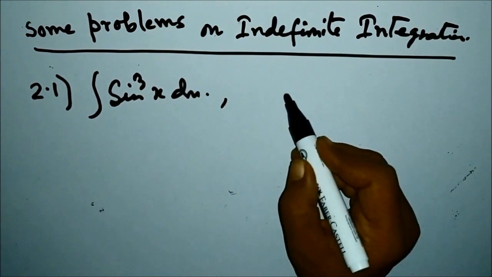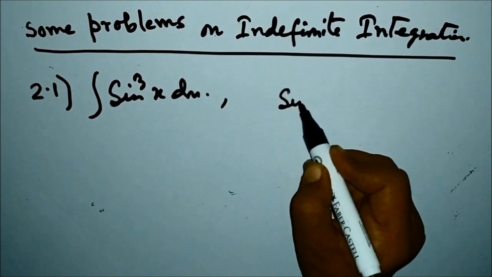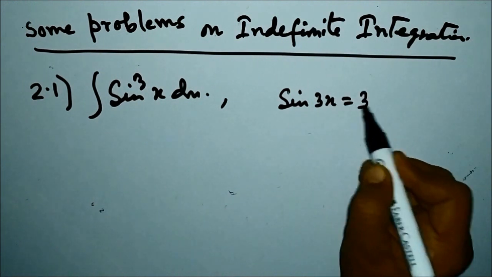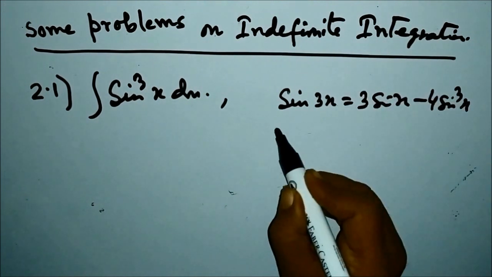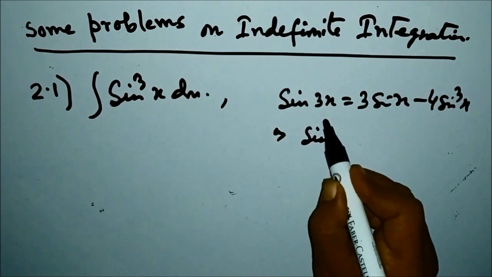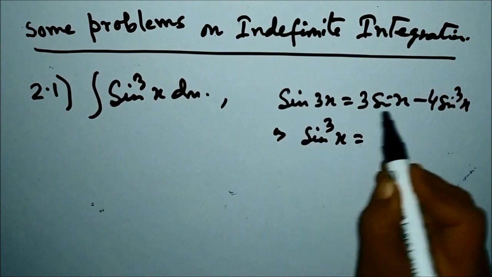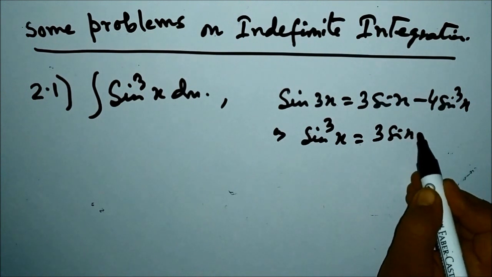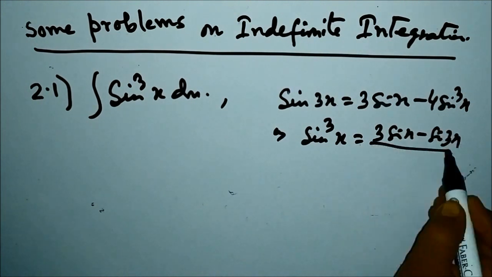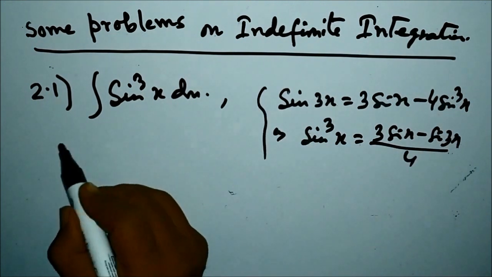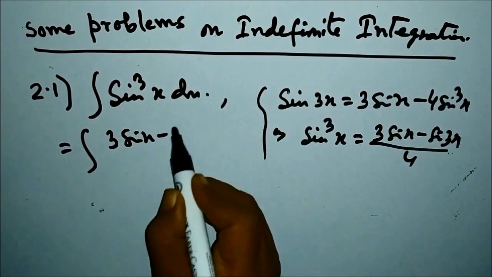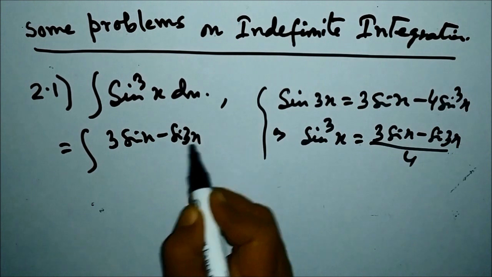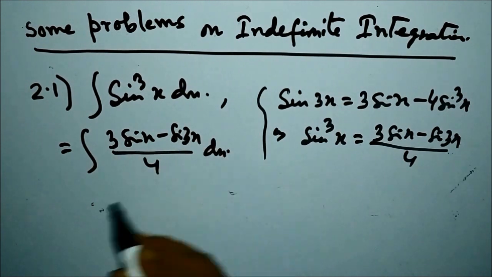As we know from trigonometry, sin 3x equals 3 sin x minus 4 sin cube x, or after simplification sin cube x equals (3 sin x minus sin 3x) by 4. So the integral of sin cube x dx is the integral of (3 sin x minus sin 3x) by 4 dx.